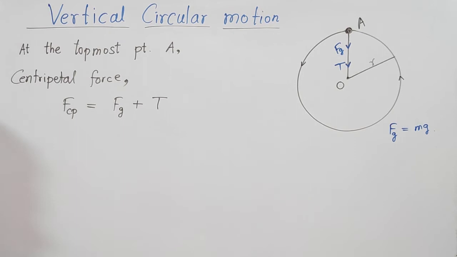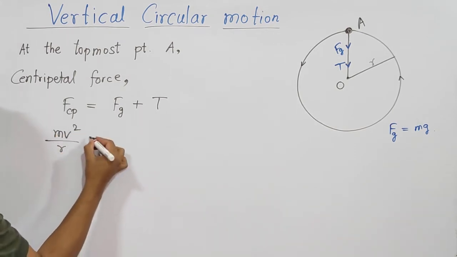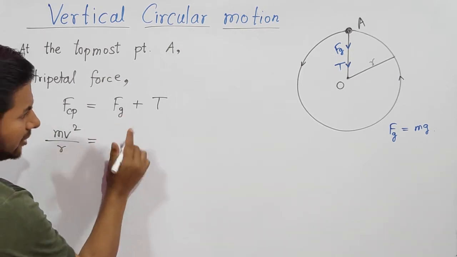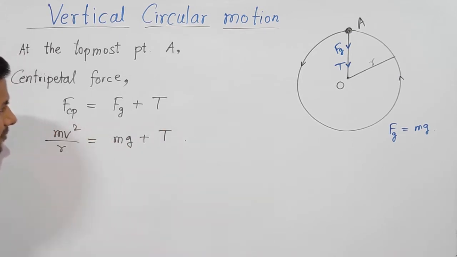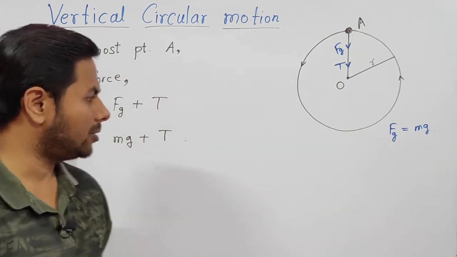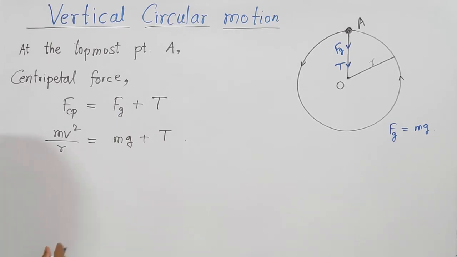We know that the centripetal force is given by mv squared over r. So we have mv squared over r equals F suffix g, which is m into g, plus tension in the string. Now we wanted to find an expression for the minimum speed of the stone. So the centripetal force has to be minimum.